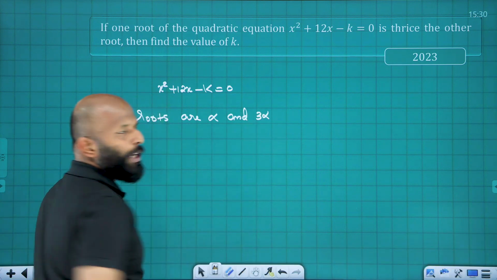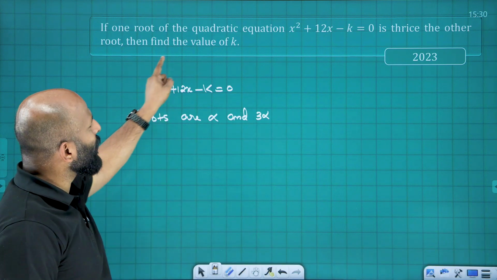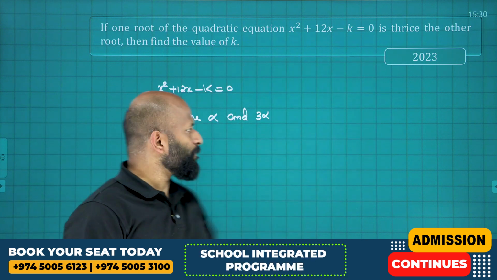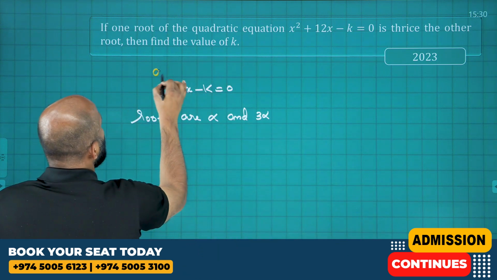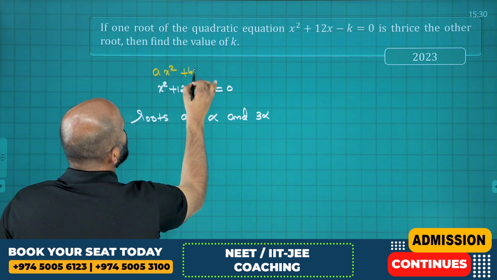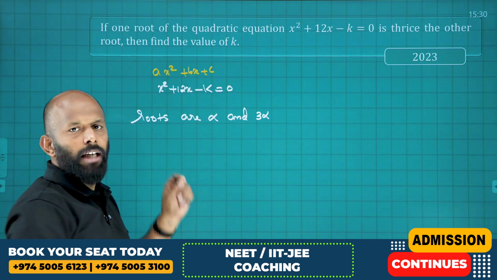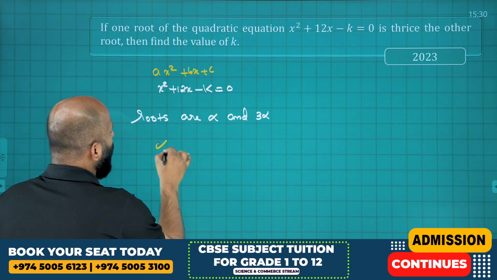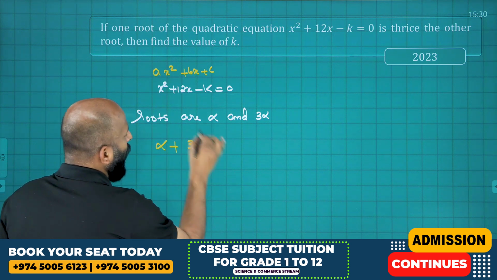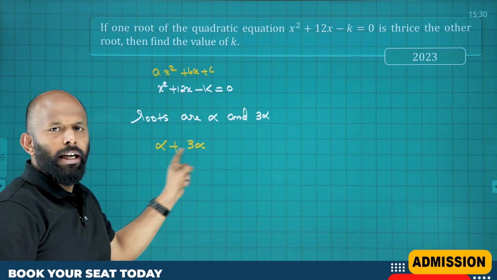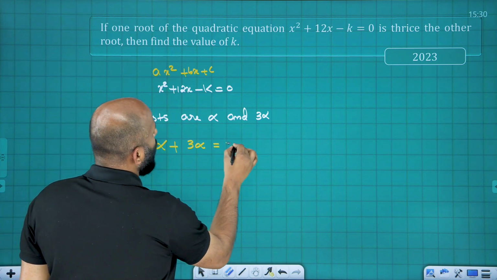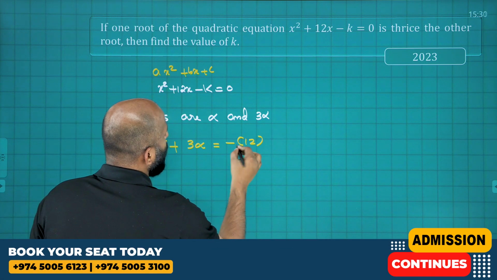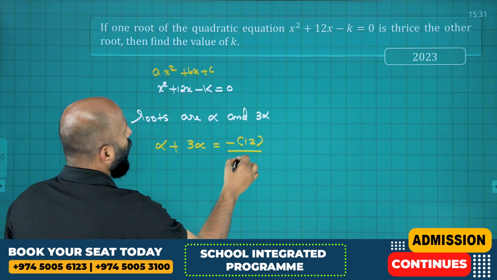Hope all of you understood how we are getting 3 alpha, because it's clearly given one root is thrice the other. Now, when we compare this equation with the general form ax square plus bx plus c, now we can find the sum of the roots, which is alpha plus 3 alpha. Alpha plus beta is equal to minus b by a, that is equal to minus 12 divided by 1.